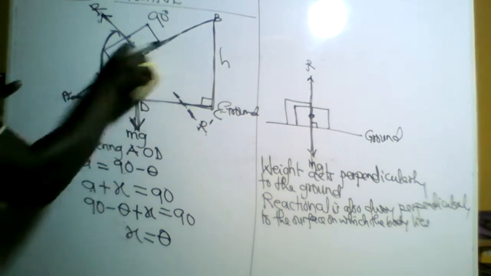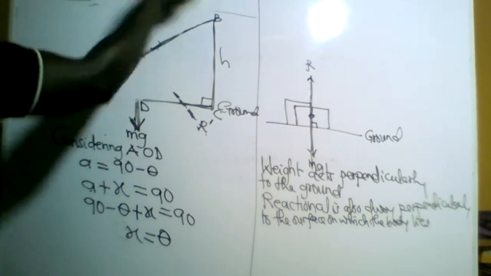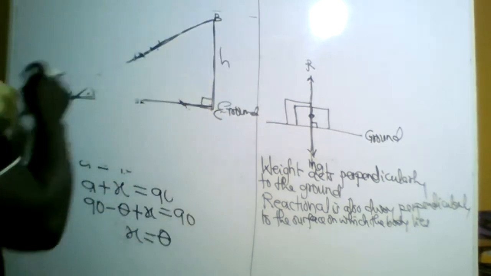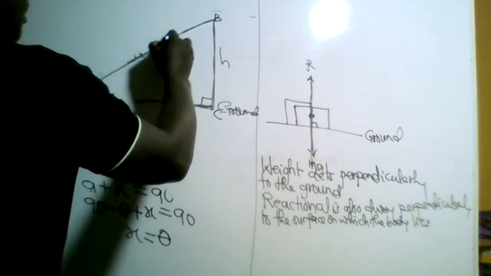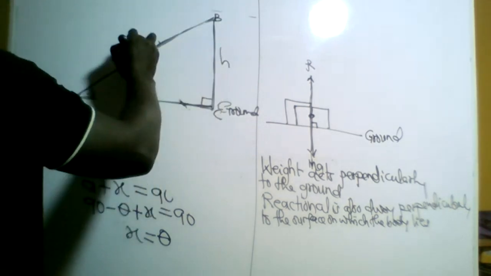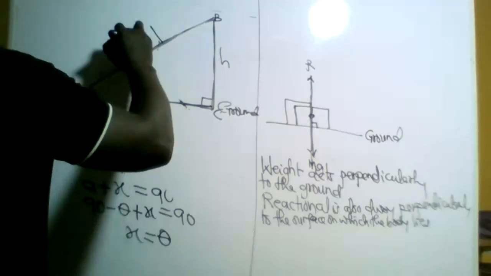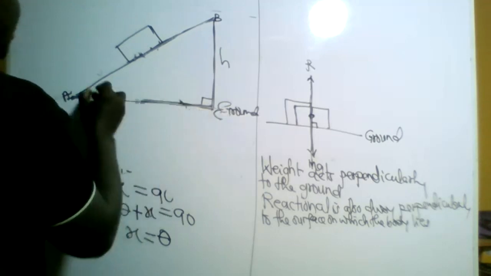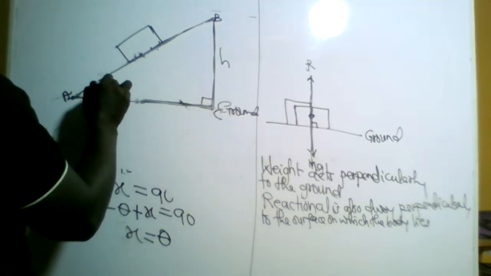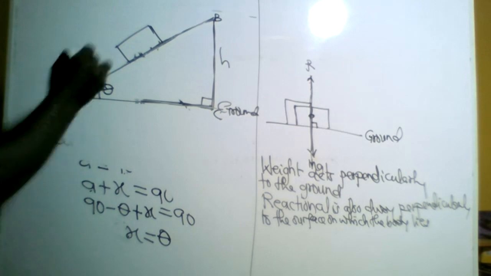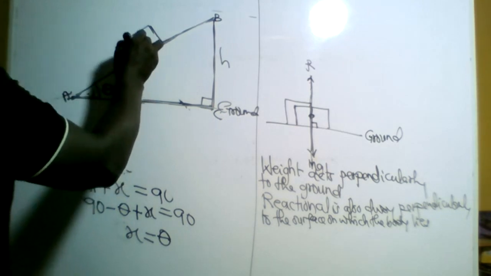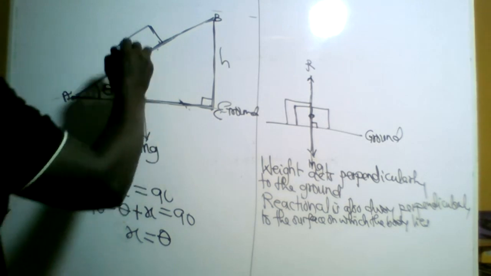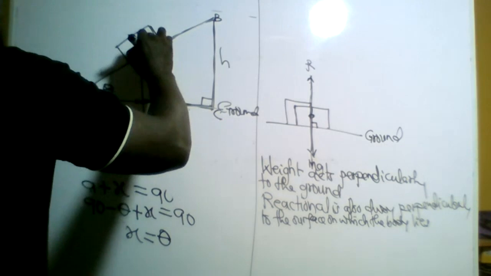So let me clear this and bring out something for you to see. All that we have established is this. The tilt is theta. Now on an inclined plane, this is weight. The reaction is always perpendicular to the surface.